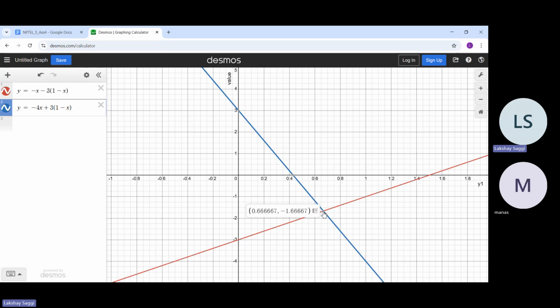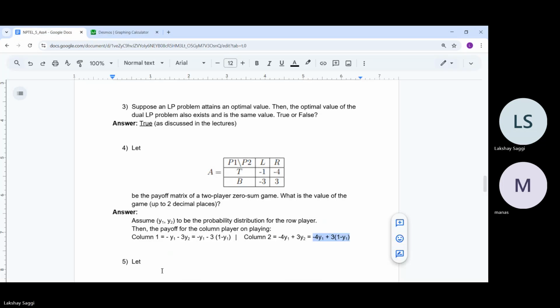Essentially this is nothing but 2 by 3 comma minus 5 by 3. So the value of the game achieved is equal to minus 5 by 3, and the probability distribution is 2 by 3 comma 1 by 3, right?